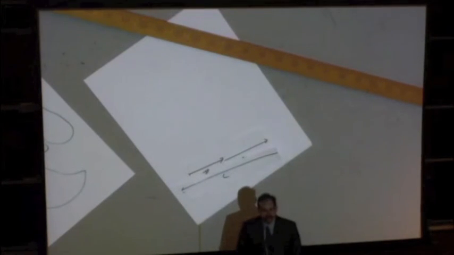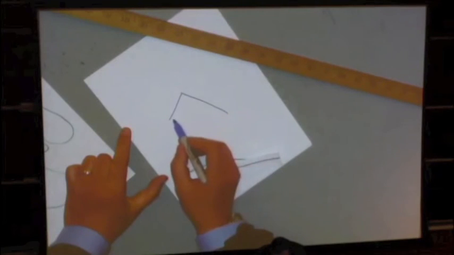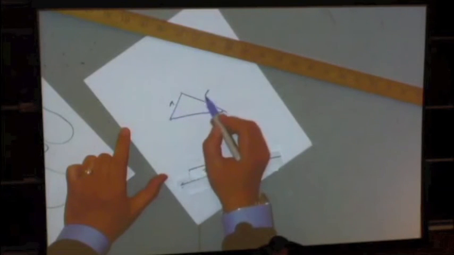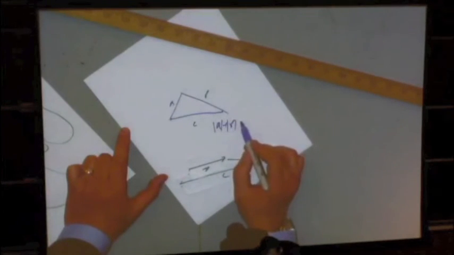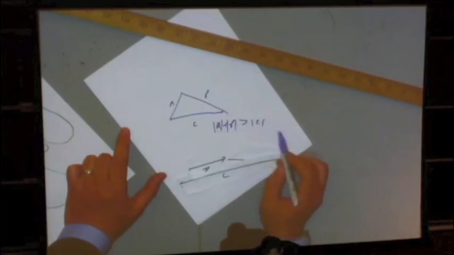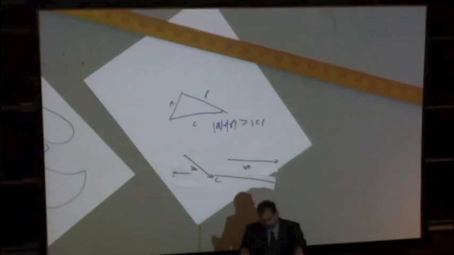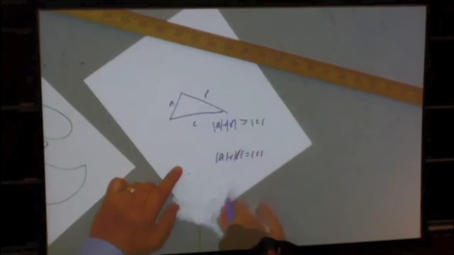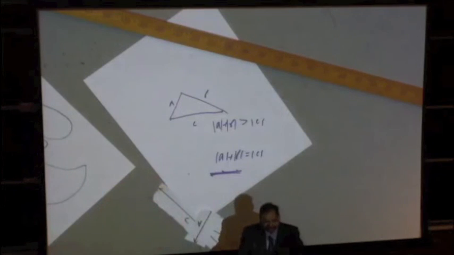How do you know it's impossible to make a triangle? Good question. Anyone? Don't the two smaller sides, if you add them together, have to be greater than the third, in every triangle? Yes, the magnitudes of A plus B have to be greater than the magnitude of C. If A plus B is equal to the magnitude of C, this is kind of your triangle.